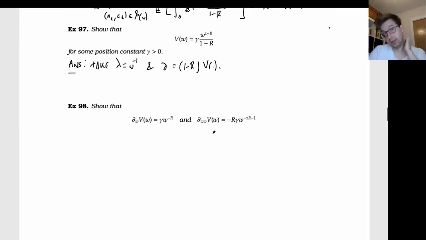So one of the things we need to know about is these partial derivatives. I can leave you to calculate these at home, but notice that the partial derivative in W of V is equal to gamma W to the minus r. That should be clear from this form. If I differentiate one more time, ignoring this x, which is a typo, we multiply minus r on the front and then deduct the power by 1. So just normal differentiation.